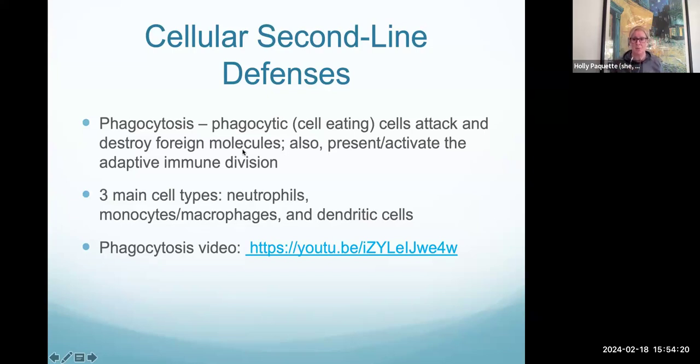In addition, not only will they kill or destroy a virus if it comes in or a bacteria, but they can also take parts of it and actually present it to the third line of defense so that the third line of defense goes after it as well. So basically they can do like a head on a stick, if you will, and I'll draw this for you, the way that I think of phagocytosis.